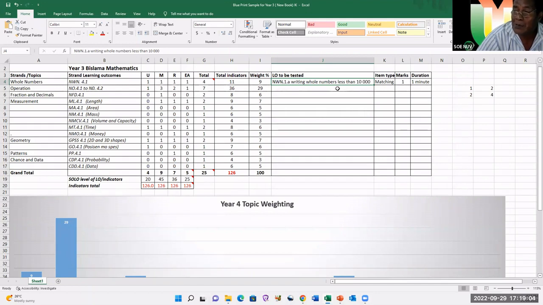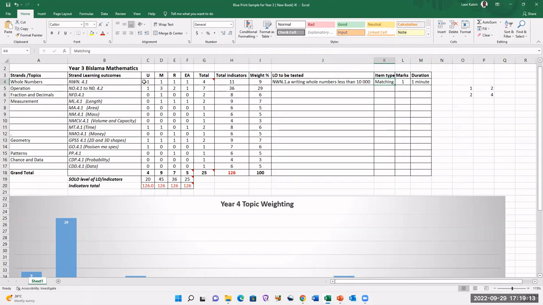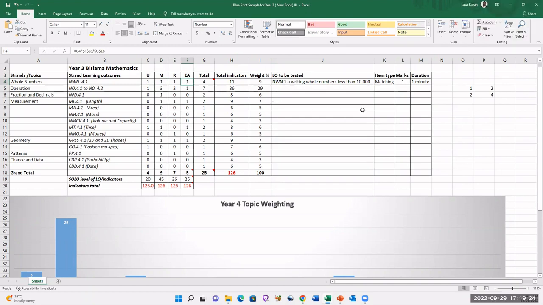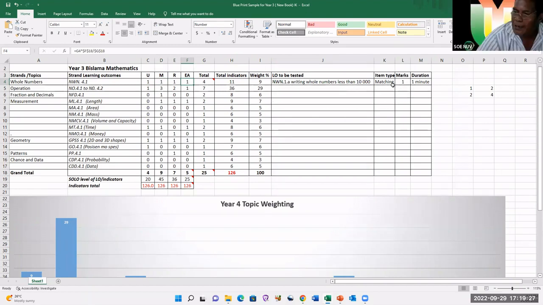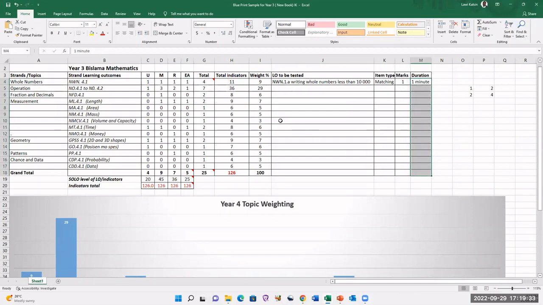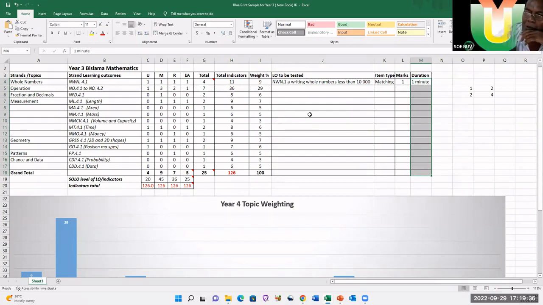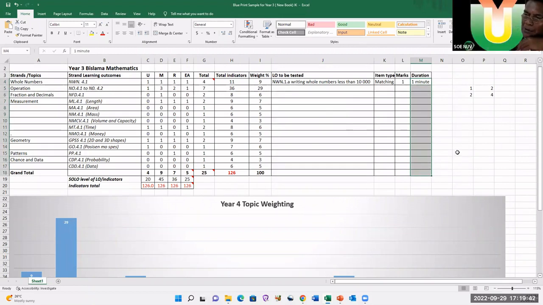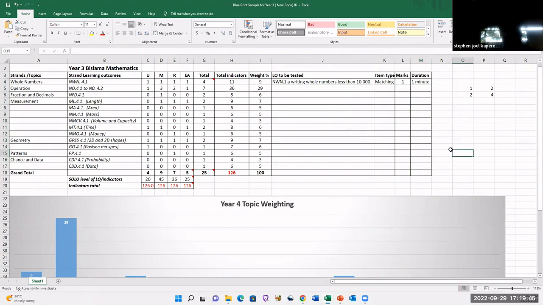And item type is one alignment you must not forget. A structural item is 1 minute, multi-structural is 2 minutes, relational is 3 minutes, and extended abstract is 4 minutes. So please trim the duration, for example, how long it will probably last.